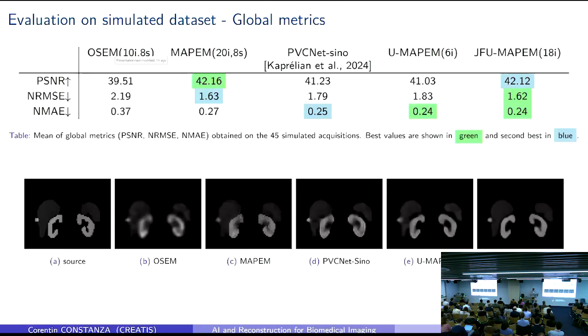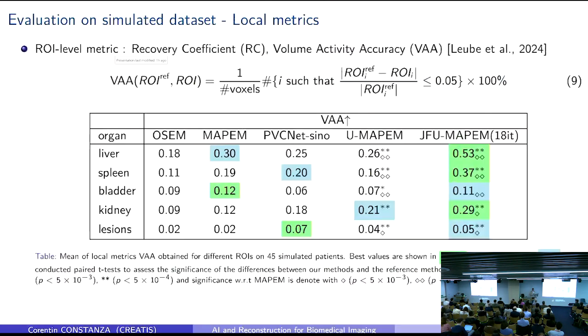So we were also interested in local metrics at the region of interest level, such as recovery coefficient, which is basically the ratio between the reference and the reconstructed images, and volume activity accuracy introduced by Loeb in 2024.